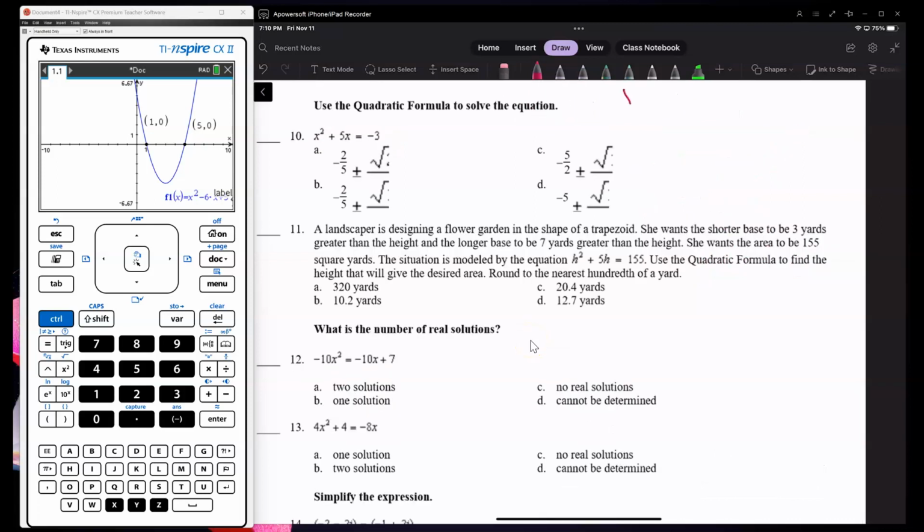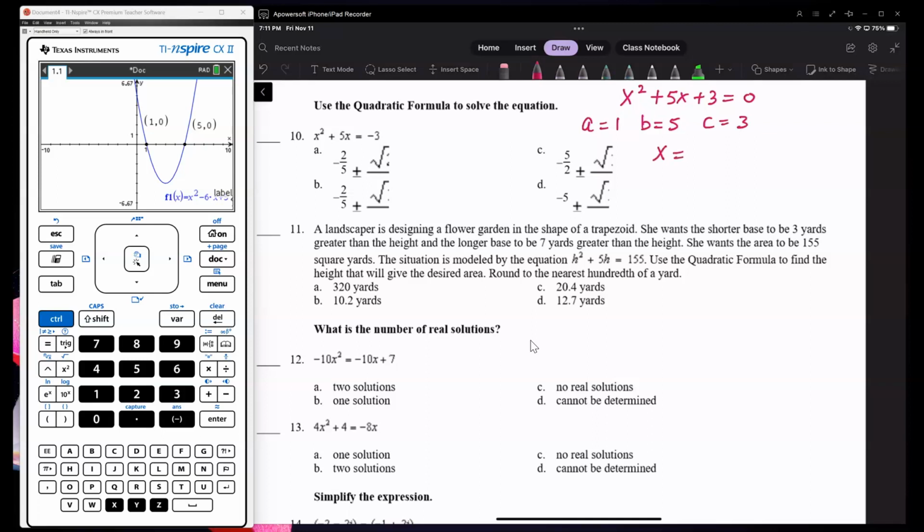Number 10, I'm going to have to write it in standard form in order for me to use the quadratic formula. X squared plus 5x plus 3 equals 0. I have to identify A, which is 1, identify B, which is 5, and identify C, which is 3.